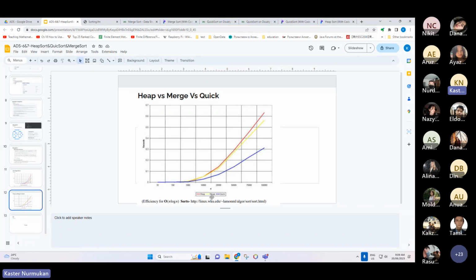Quick sort gives better performance than merge sort, and heap sort is a little bit behind, in third place. Quick sort is always the best in practice.